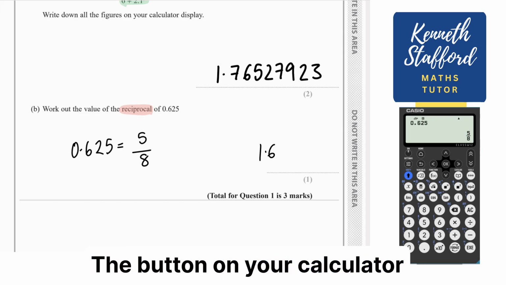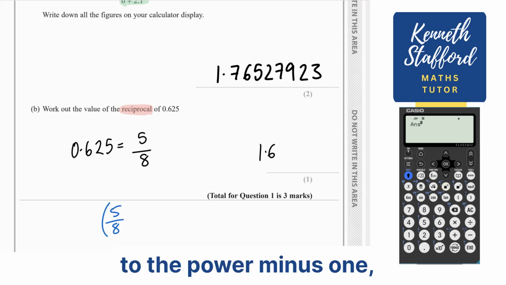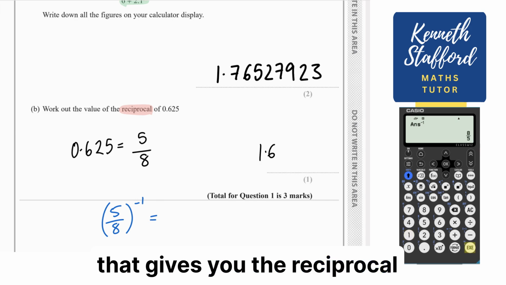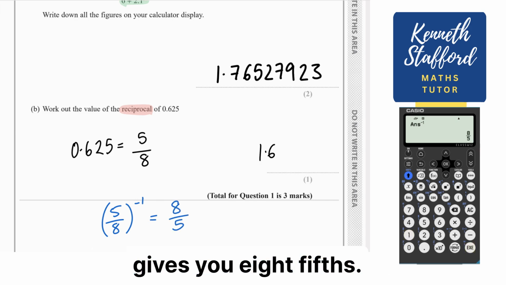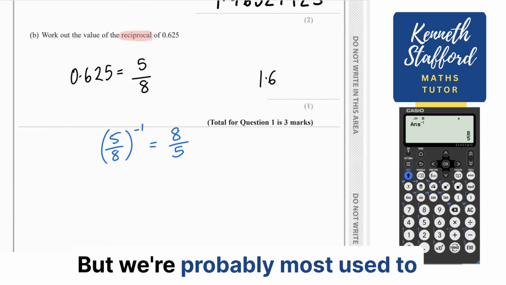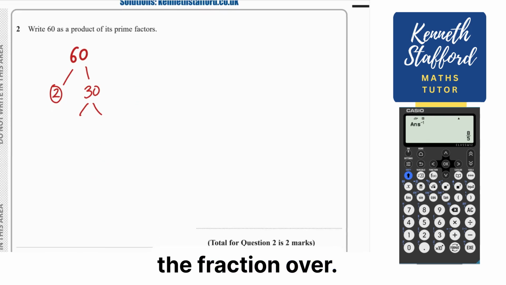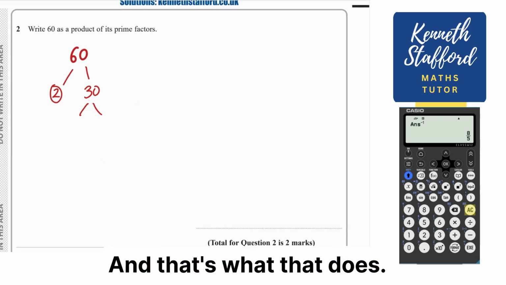The button on your calculator that will do this for you, if you type in 5/8 to the power of -1, that gives you the reciprocal, gives you 8/5. If you times a number by its reciprocal, it gives you 1. But we're probably most used to doing it where we flip the fraction over, and that's what that does.